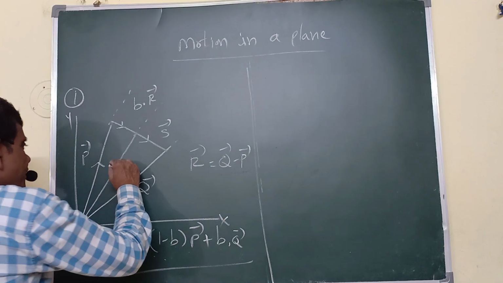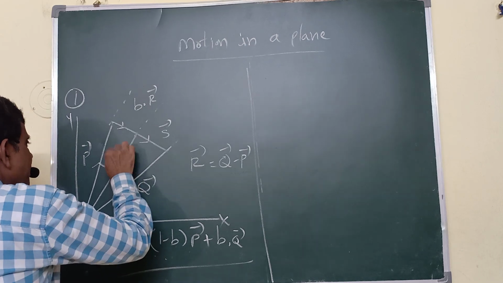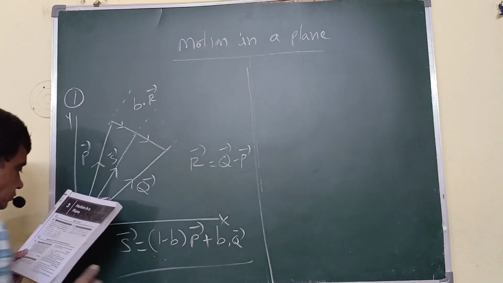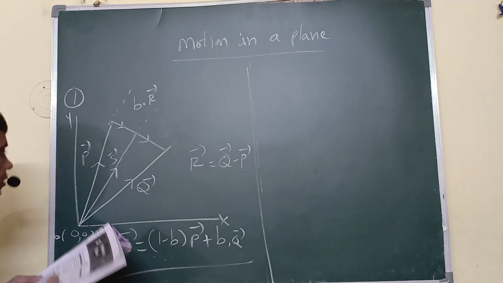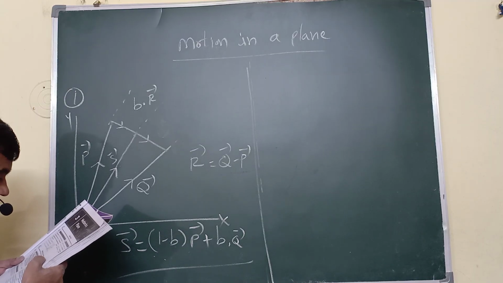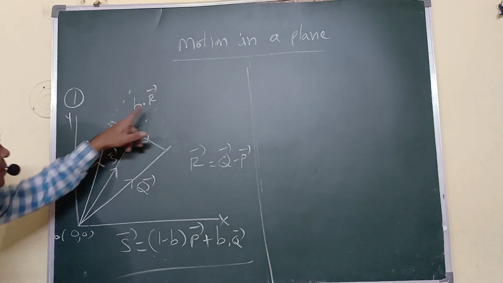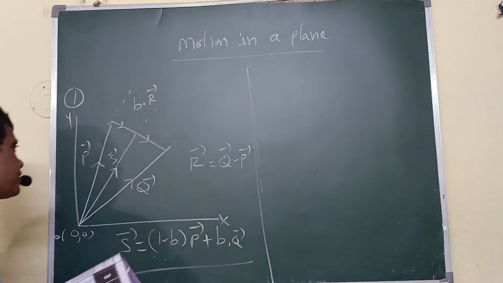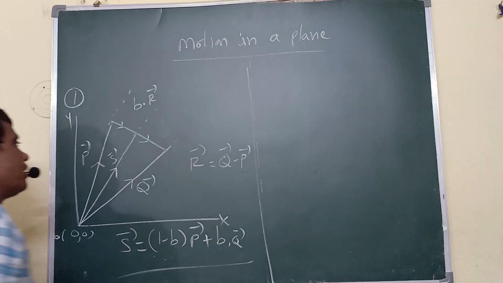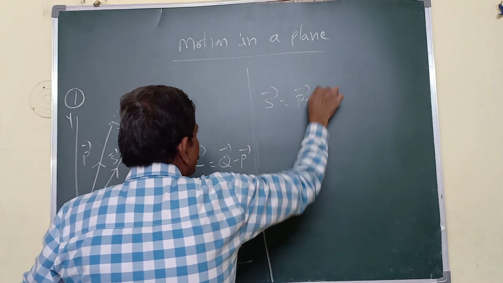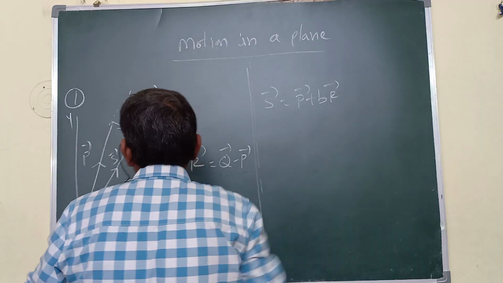He had given this as S vector. So what is this S? This S vector equals P plus BR.